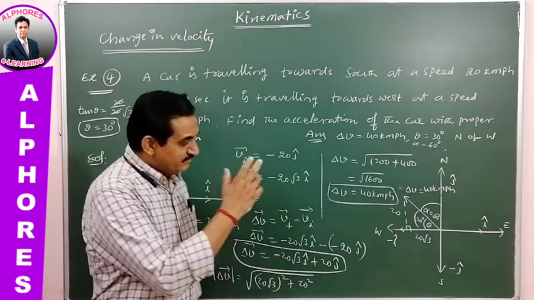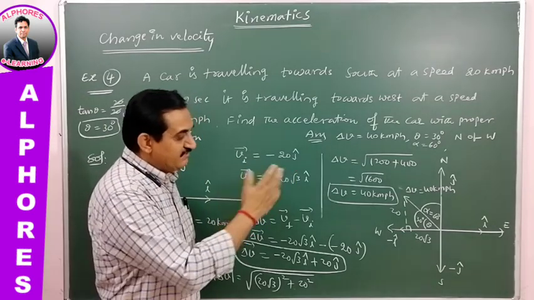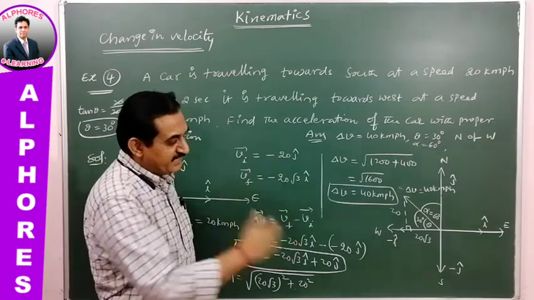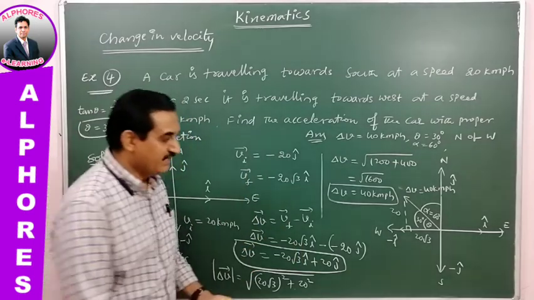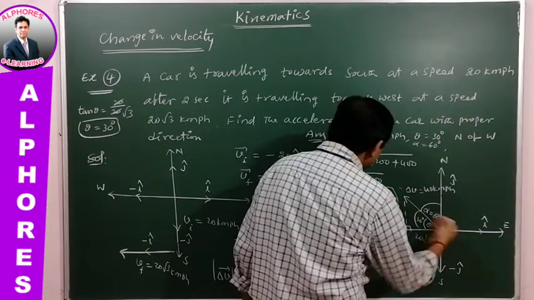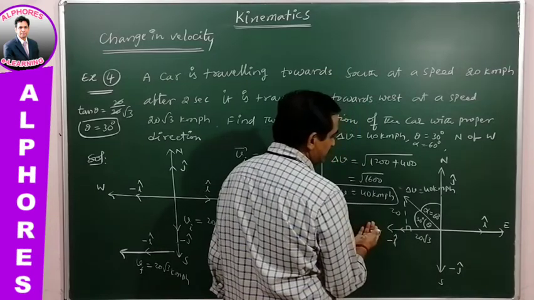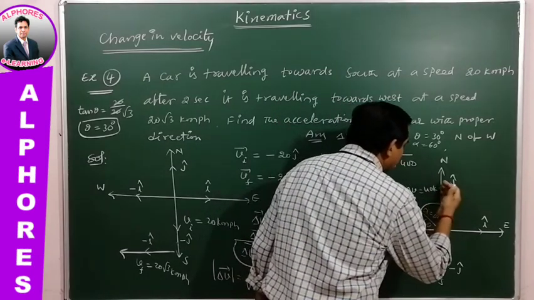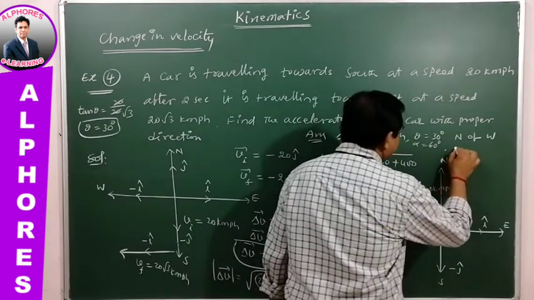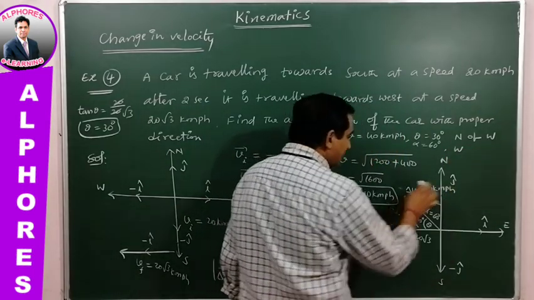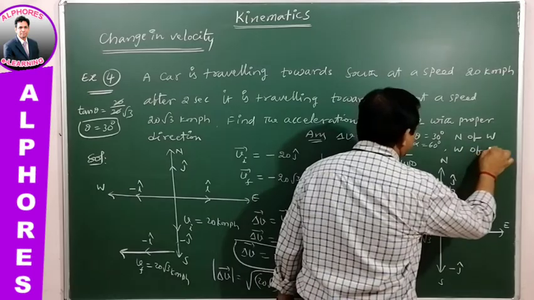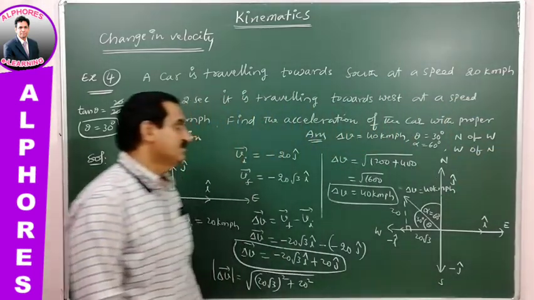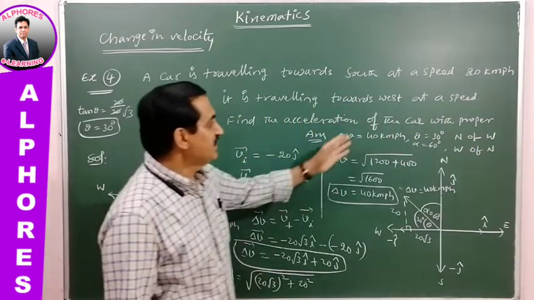Towards which side is the change in velocity? Towards west. It is making an angle with north. Therefore, the name is west of north. So we will give the answer like this or like this.